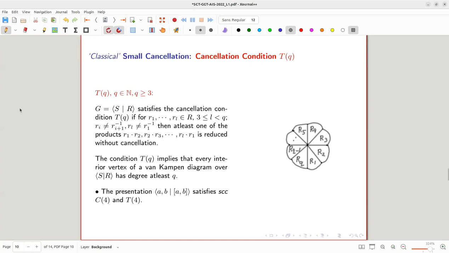So this entire subdiagram will collapse. Do you see that? Okay. So why is that condition enforced? Because if this collapses, what is getting reduced? If this subdiagram collapses, what is getting reduced?